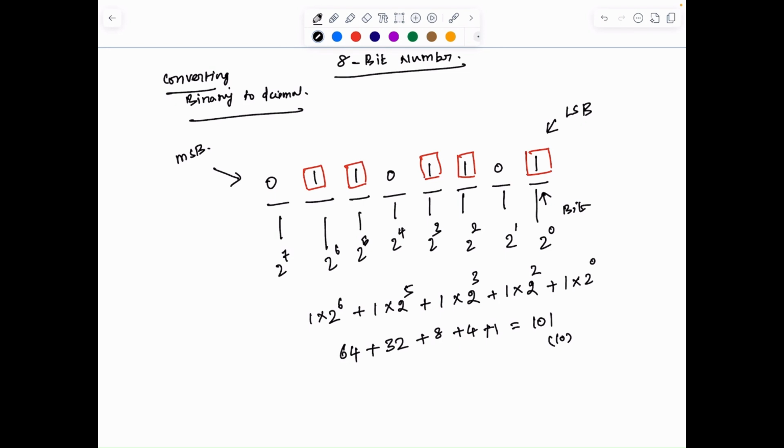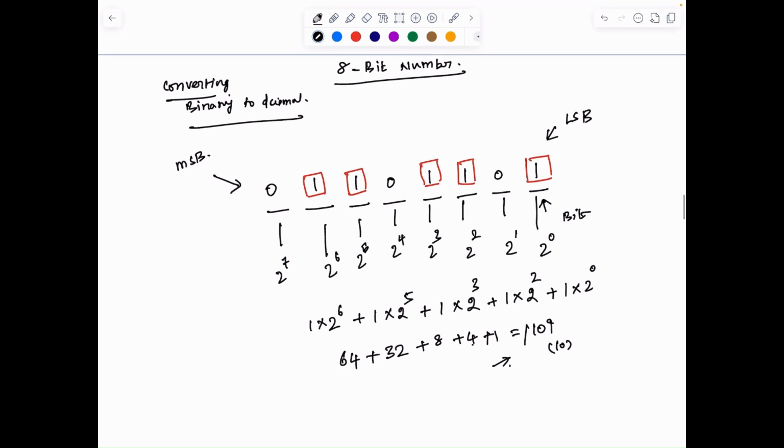No, it's actually 109. I'm sorry about the computation. It's 109, so that's the value for this number. 32 plus 8 is 40, so 104, 108, 109. That's the decimal conversion of that.